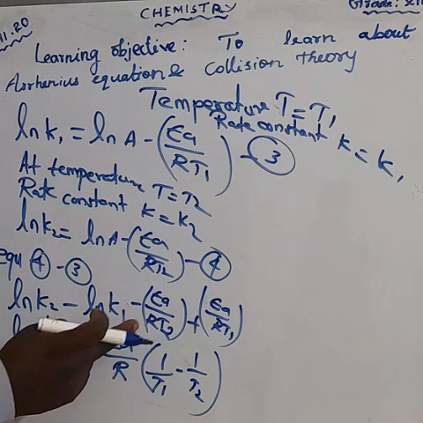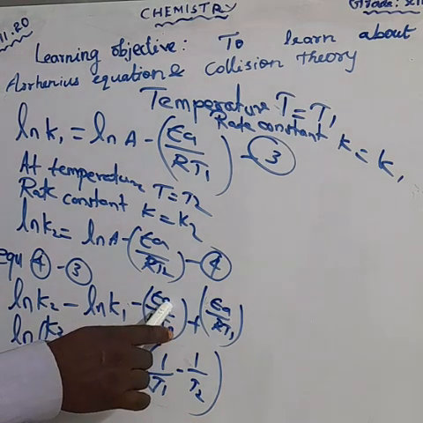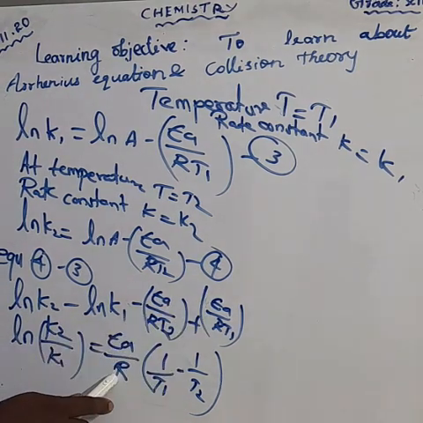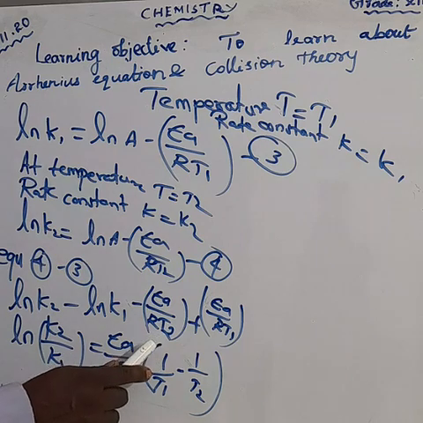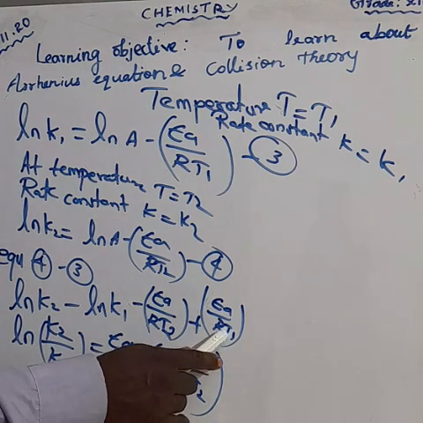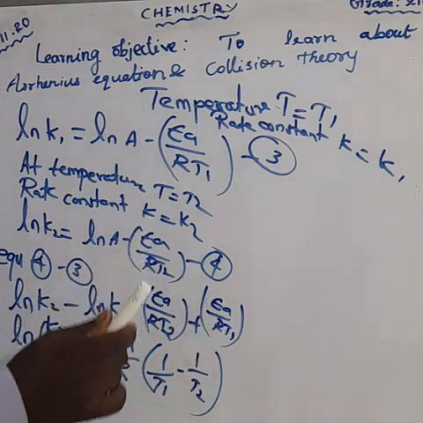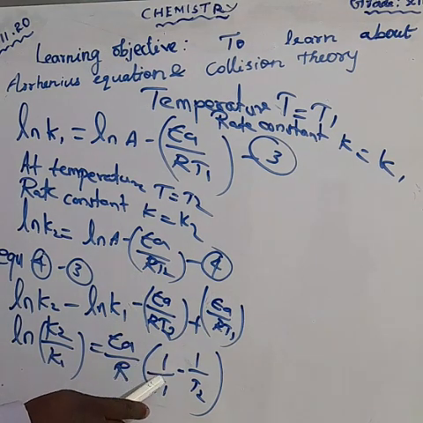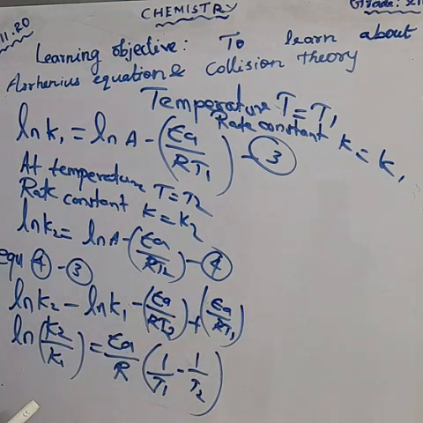The different terms are T2 and T1, so first we write 1 divided by T1 minus 1 divided by T2.